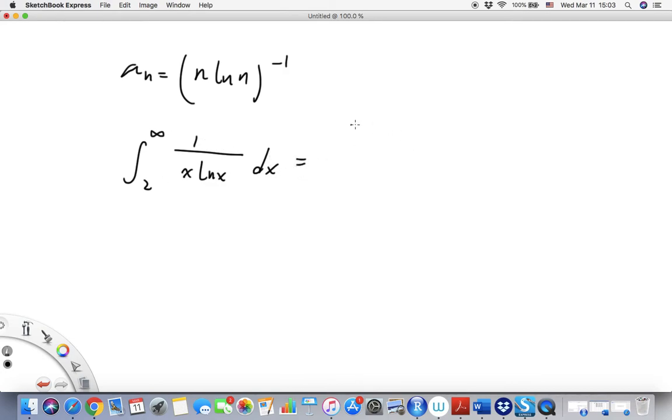So how do we evaluate this integral? We can use a u substitution. Recall that the derivative of log x is equal to 1 over x, so you can let log x be u. So this is the integral, x from 2 to infinity, of 1 over u du.